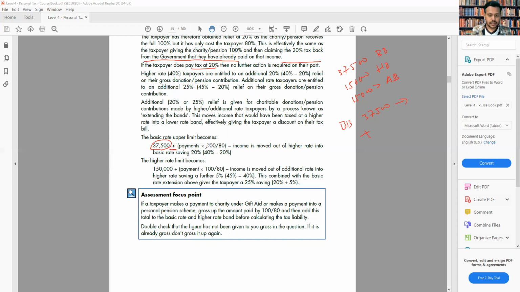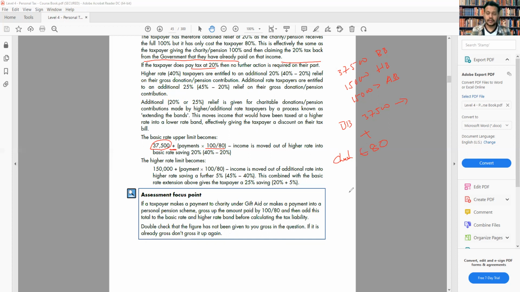payment times 100 divided by 80. That means the gross. So for example, if I give a charity 80 pound, how much will be my new basic band?